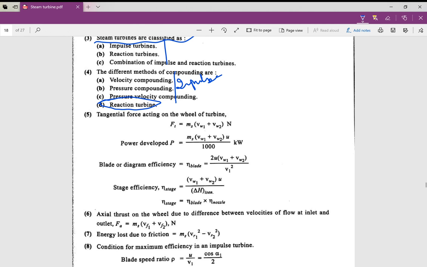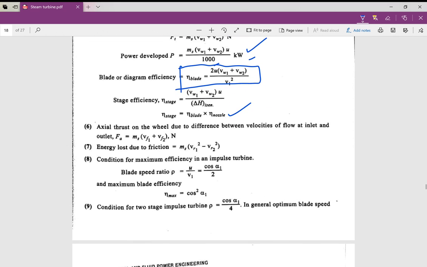The tangential force acting on the wheel of the turbine was already given earlier. Power developed divided by 1000 gives kilowatts. Stage efficiency is a very important parameter, and it can be given in terms of nozzle efficiency.